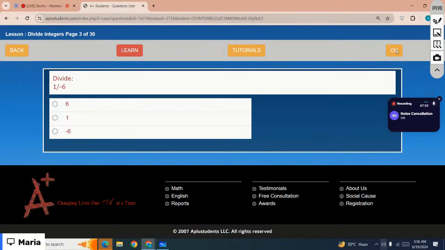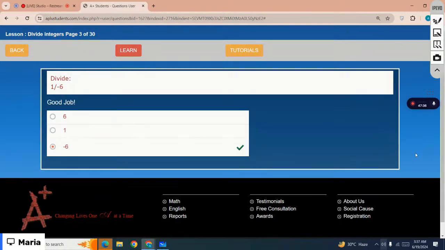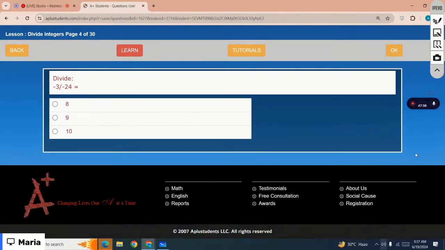Negative 6 divided by 1, which is the correct option? Yes, negative 6 it is. One of the numbers is negative, so the answer is negative. Negative 24 divided by negative 3, which is the correct option?